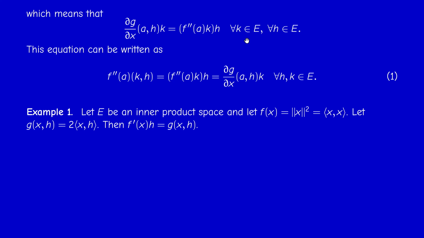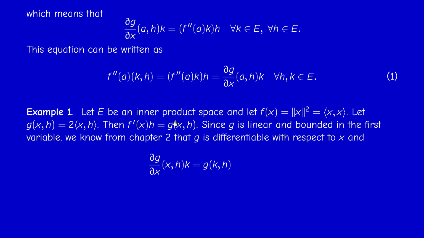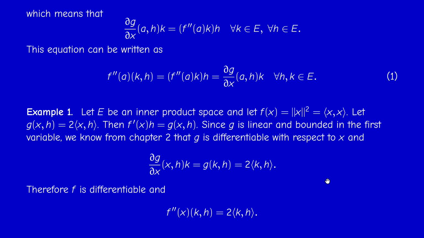This is the fundamental example. The derivative of a linear map is the linear map itself. Right? Therefore, when I fix h and differentiate in the direction k, I get precisely g, but instead of x, I replace it by k. Okay, and this is just twice the inner product between k and h. Okay, and once again, I get that the second derivative of f at x in the direction k, h is just this inner product. Okay, so very easy.